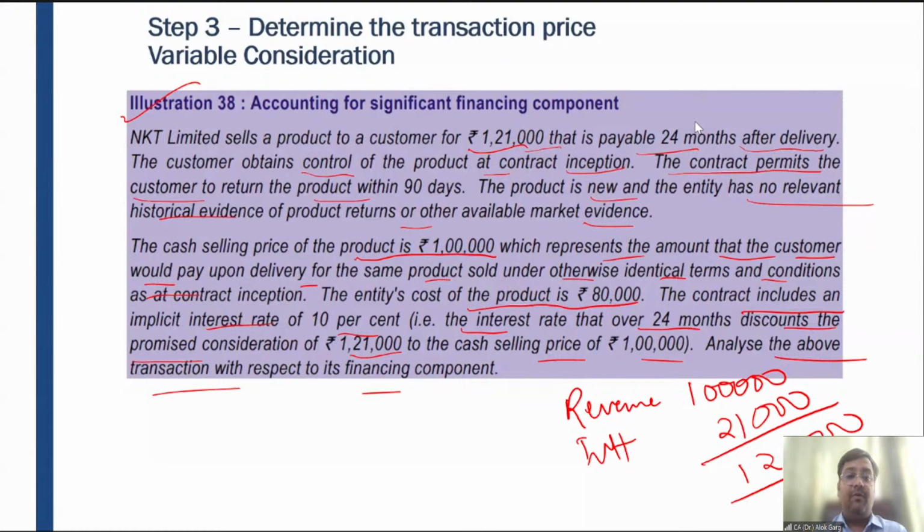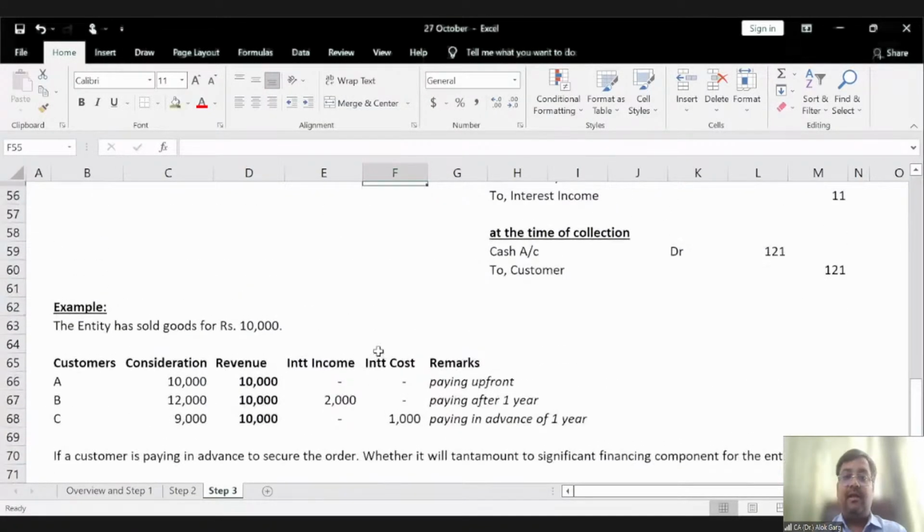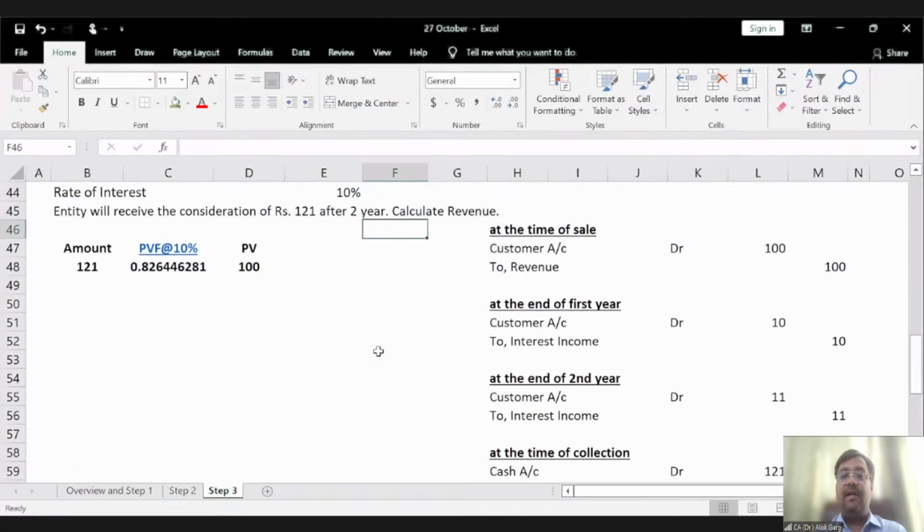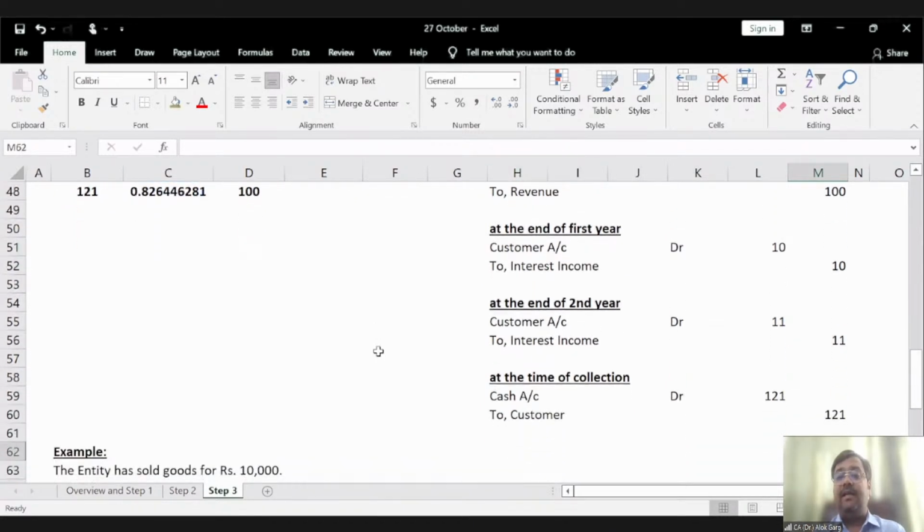The accounting entry would be: customer account debit to revenue 1 lakh rupees. At the end of the first year, customer account debit to interest income 10,000 rupees. At the end of second year, customer account debit to interest income 11,000 rupees. And at the time of collection after 2 years, cash account debit to customer account 1,21,000 rupees. So this is how this entry has to be done.